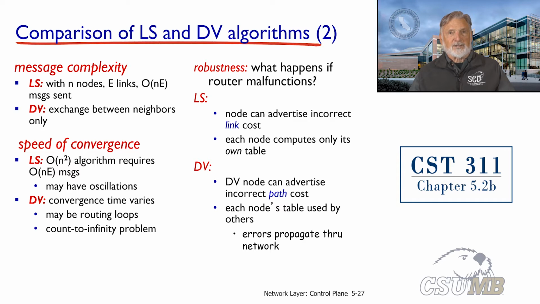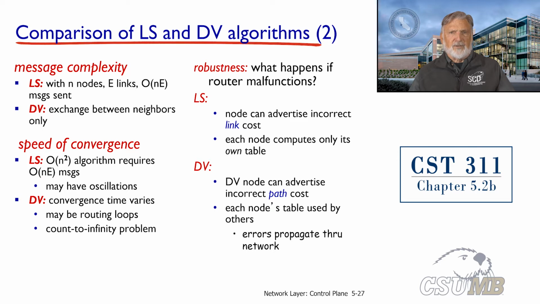Transient route loops or oscillations may occur, but these are prevented by randomizing the times that each router sends out link state advertisements. With distance vector, convergence time may vary. Routing loops are a concern. Poison reverse can mitigate this problem, but not solve it in complex multipath networks.